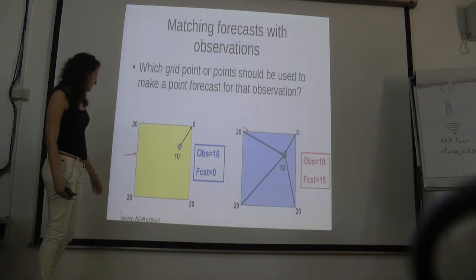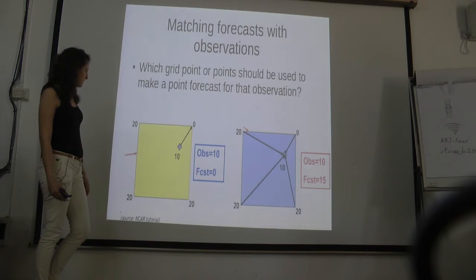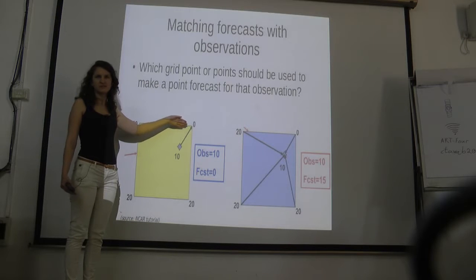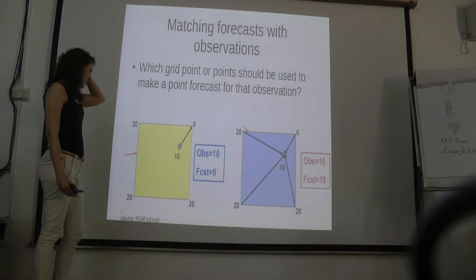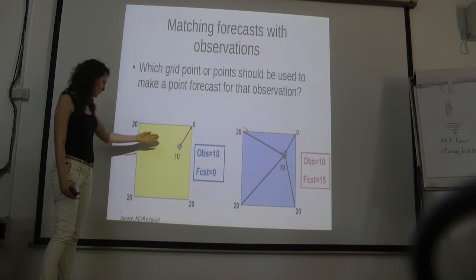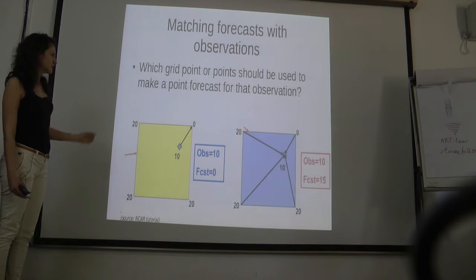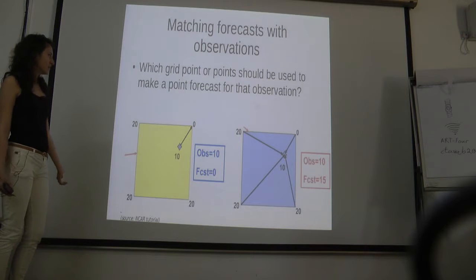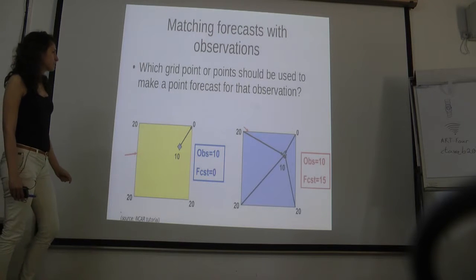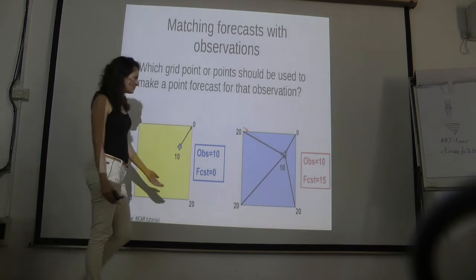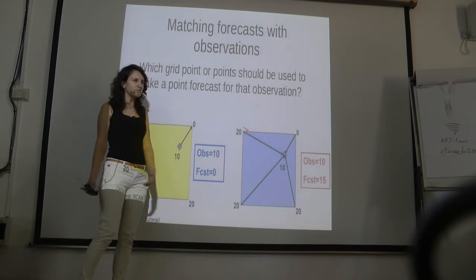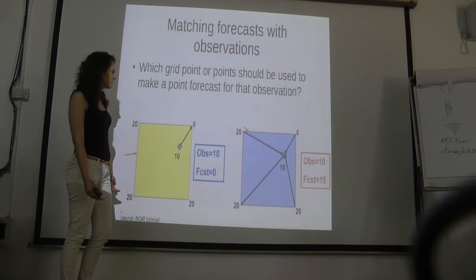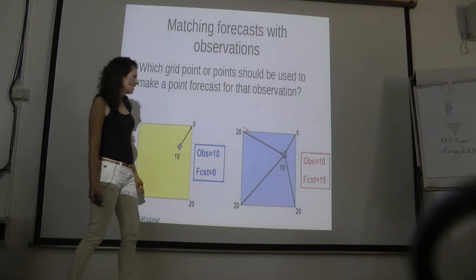For example, you can think of taking just the nearest grid point, but then your forecast is 0, observation is 10. Is it a good result or is it not? Alternatively, you can try to interpolate. You can have many ways of interpolating.